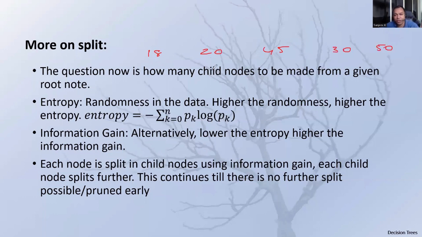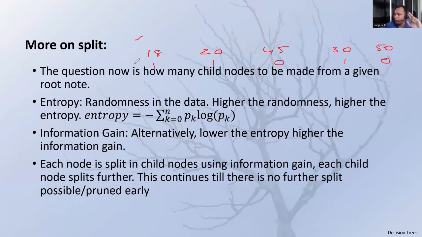Suppose there are five records, and as per the bank criteria, the person with 18 years is eligible for loan, 20 years is eligible, 45 years is not eligible, 30 years is eligible, 50 years is not eligible.